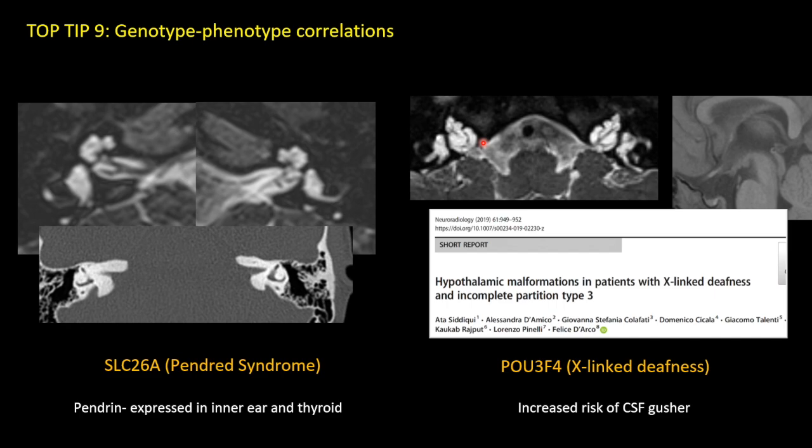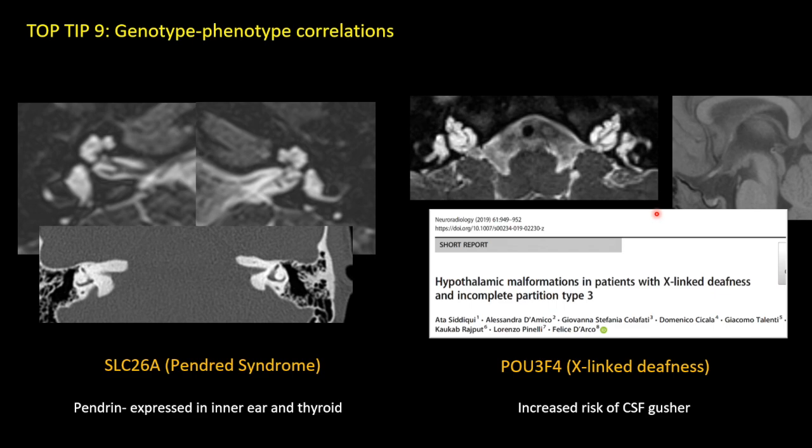The imaging features are typical, with bilateral incomplete partition type 3, which on imaging demonstrates a corkscrew or Christmas tree appearance. There is also bulbous enlargement of the internal auditory canals, which leads to abnormal communication between the subarachnoid space and the perilymph, and this increases the risk of CSF leak and gusher during surgery.